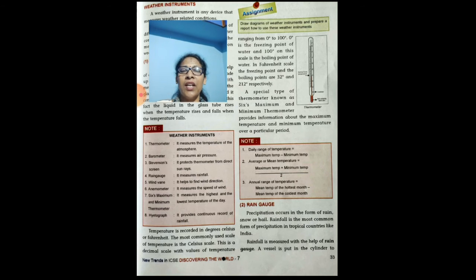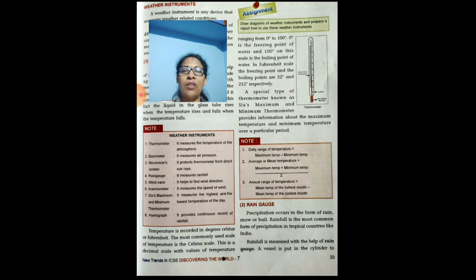A special type of thermometer known as Six's maximum and minimum thermometer provides information about the maximum temperature and the minimum temperature over a particular period. They have given a note on this page. The first is the daily range of temperature.